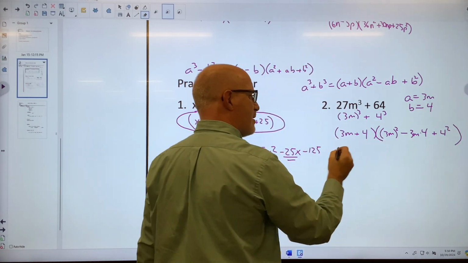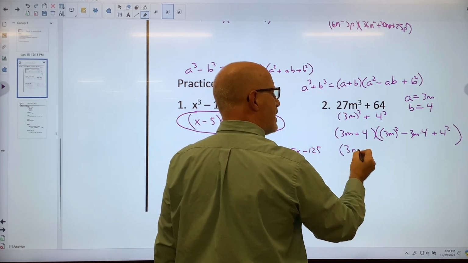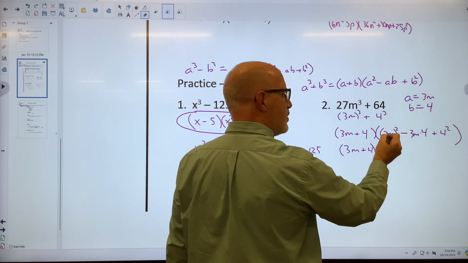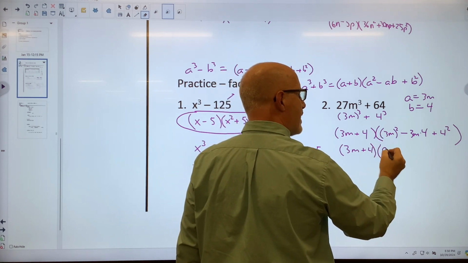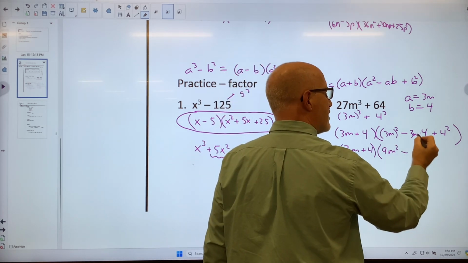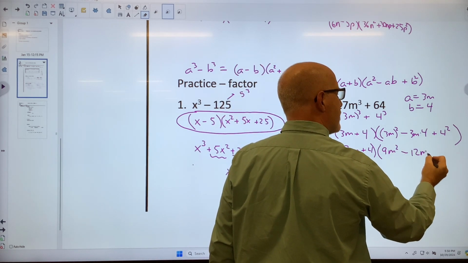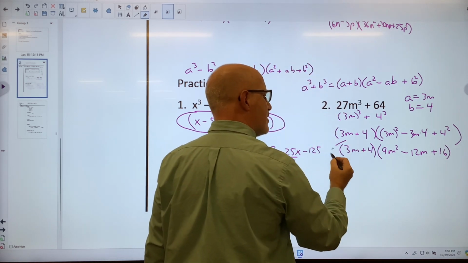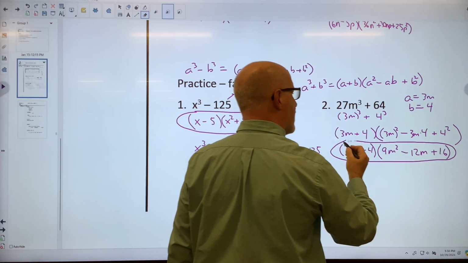Now let's just simplify those. So you can have 3m plus 4 times the quantity, and when you square 3, you get 9. Square the m, you get m squared, minus 12m when you multiply those two, and then plus 16 at the end. So this is your factorization of that.